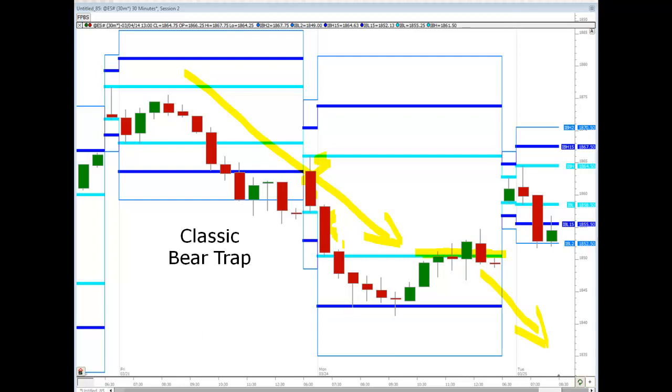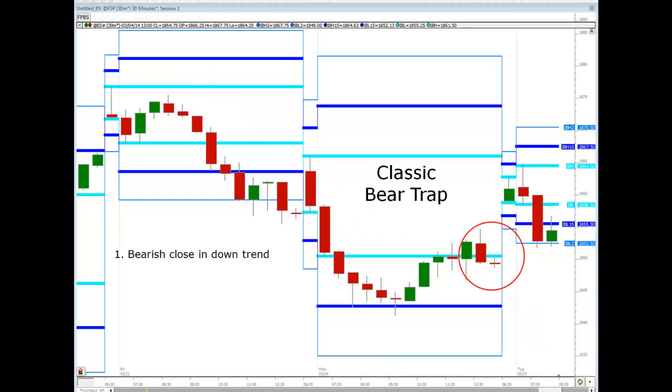Now let's take a look together at what happens after this bearish close, or this classic bear trap, and I'll explain to you why it is such a big bear trap. Well, it is a bearish close in a downtrend, so it encourages some to get into the market with a short, and also price takes out the prior low of the candle.